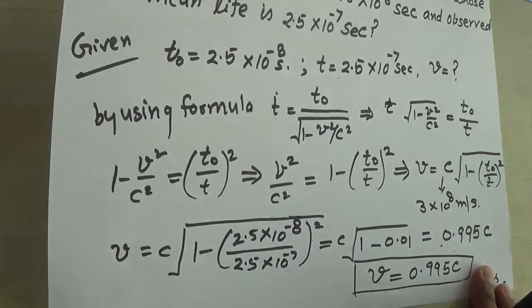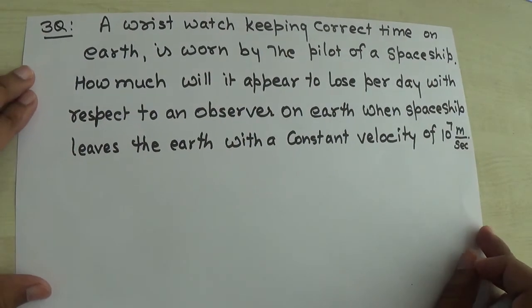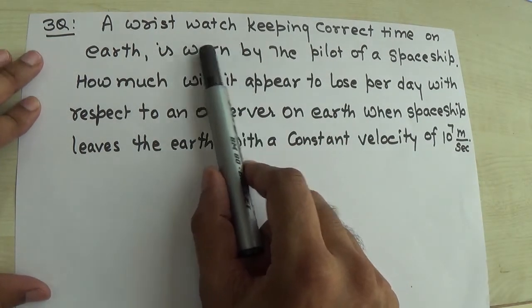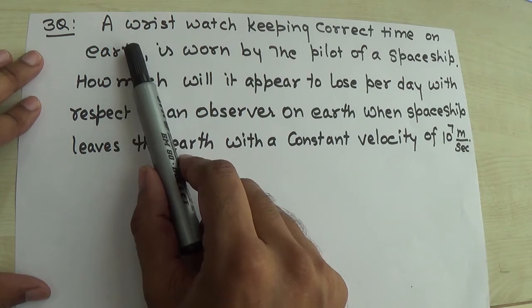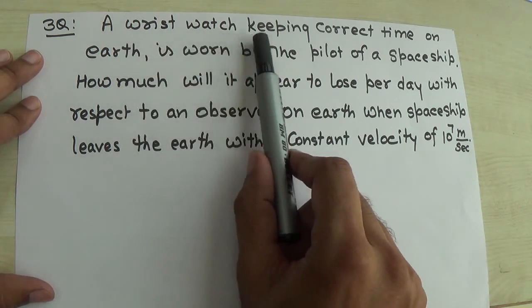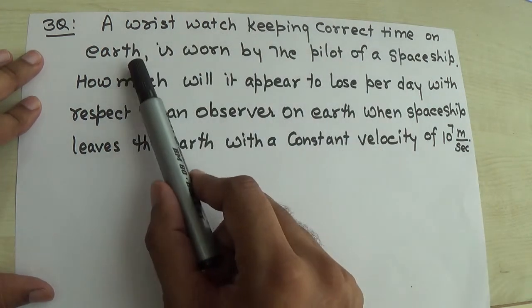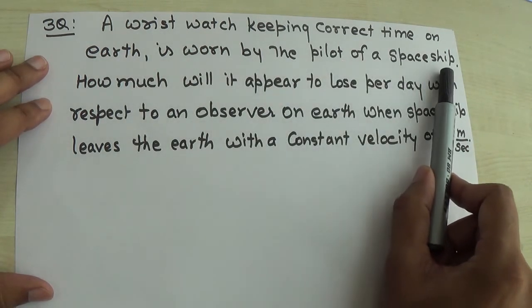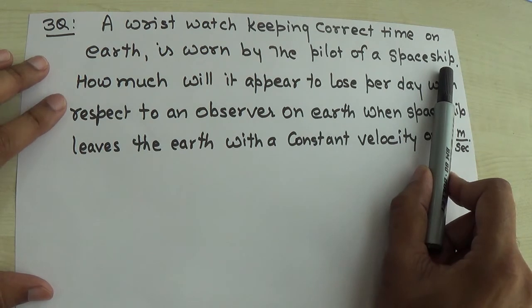And one more example I can take here, about a wristwatch. In this numerical problem, what is the statement? A wristwatch keeping correct time on earth is worn by the pilot of a spaceship, right?